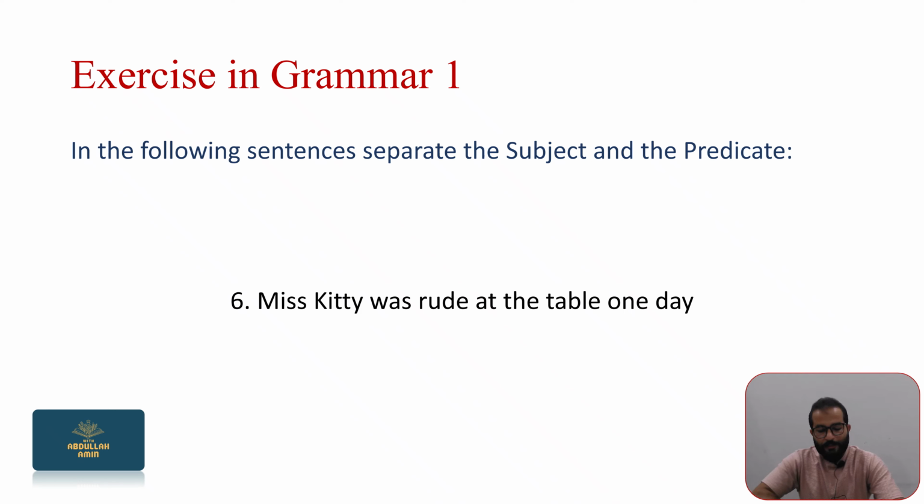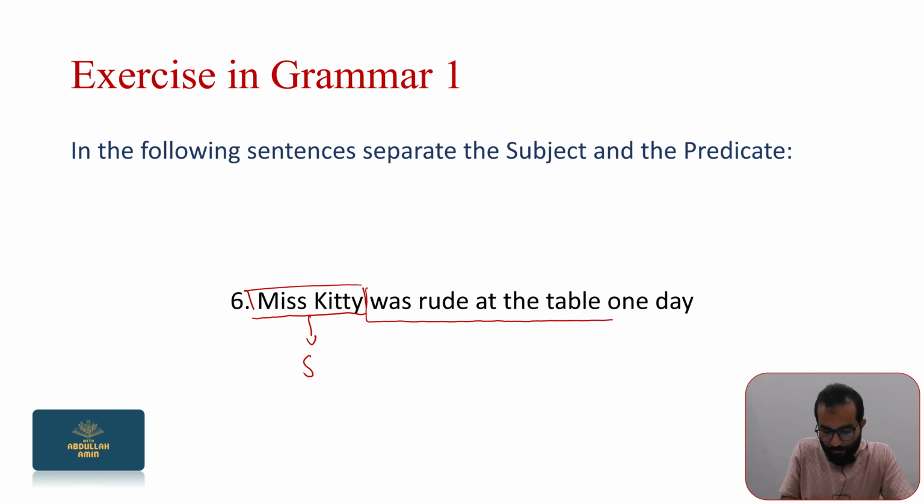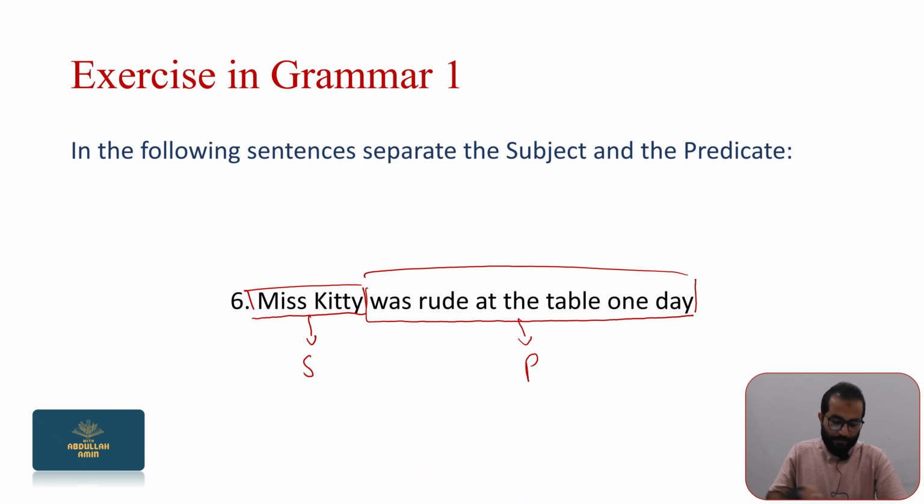Okay ji. Sixth example is: Miss Kitty was rude at the table one day. Over here we have only these two words as subject, Miss Kitty, and was rude at the table one day is the predicate in this example. So we are giving information about Miss Kitty that she was rude at the table one day.